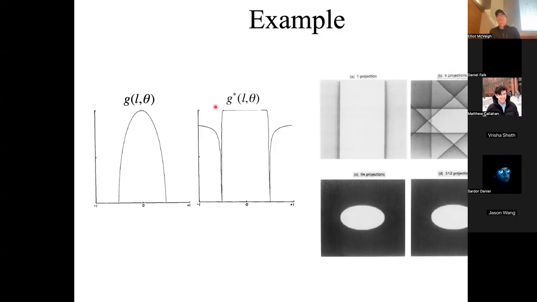Because if my image is a disk, okay, and it's a constant, say it's a disk with unity and it has a diameter and then 0 in the background. If I take CT data and then I get all my GL thetas for that and just back project them naively, the image I get does not have a constant plateau. It has a peak, right? Like this. It looks like this sort of projected back.